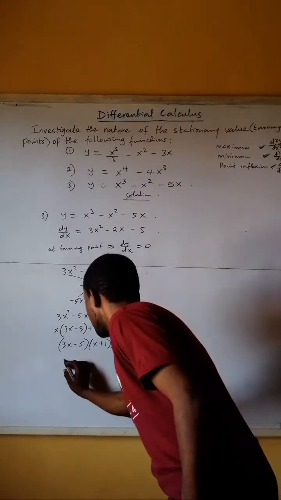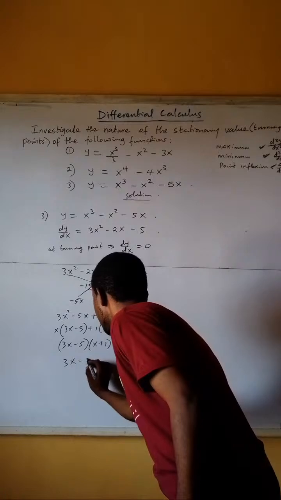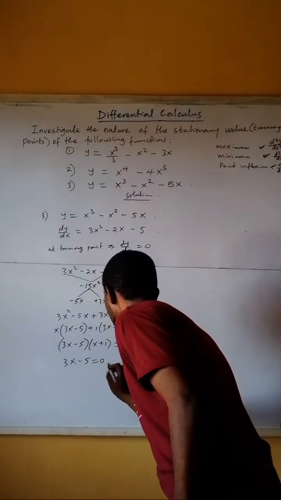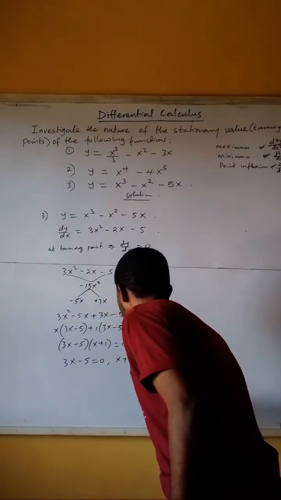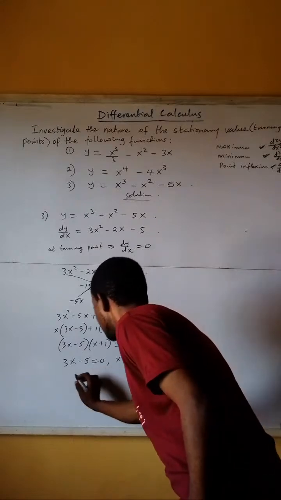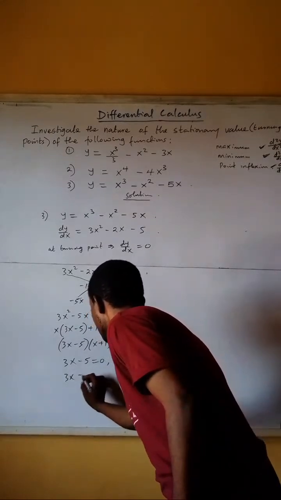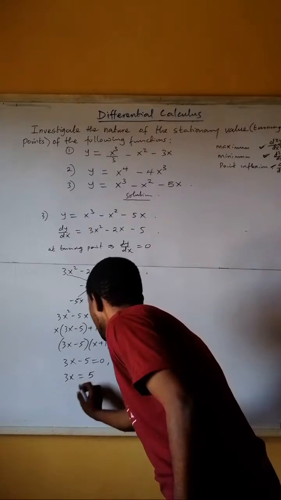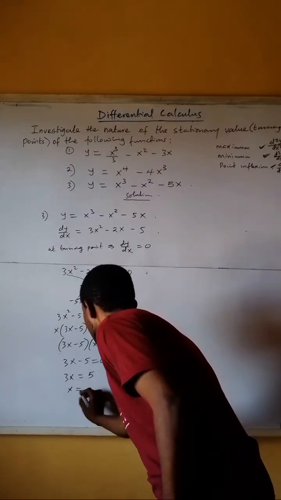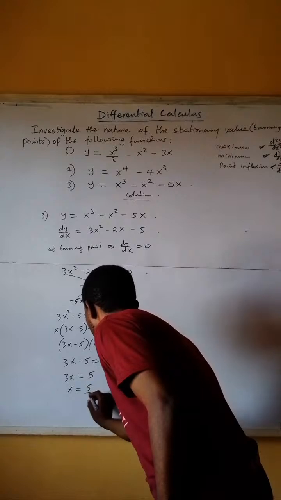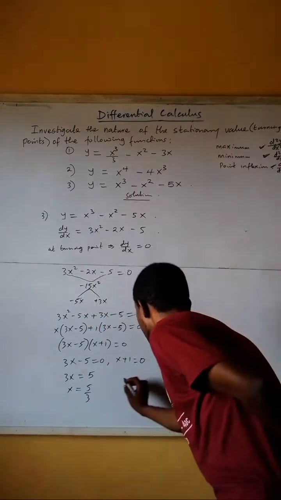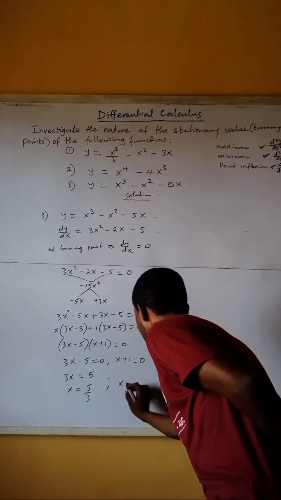So either 3x minus 5 equals 0 or x plus 1 equals 0. So on this side, we have 3x equals 5. Divide both sides by 3, x equals 5 over 3. Then on this side, we have x equals minus 1.